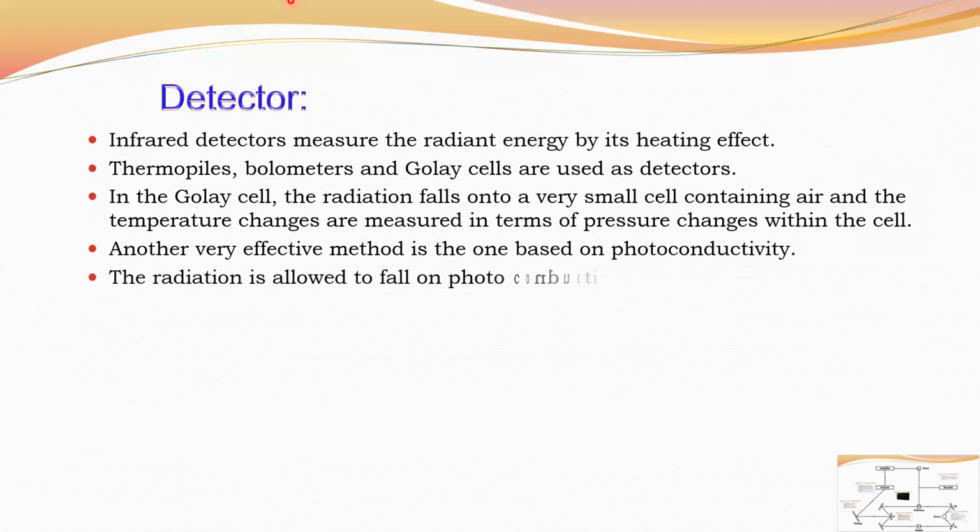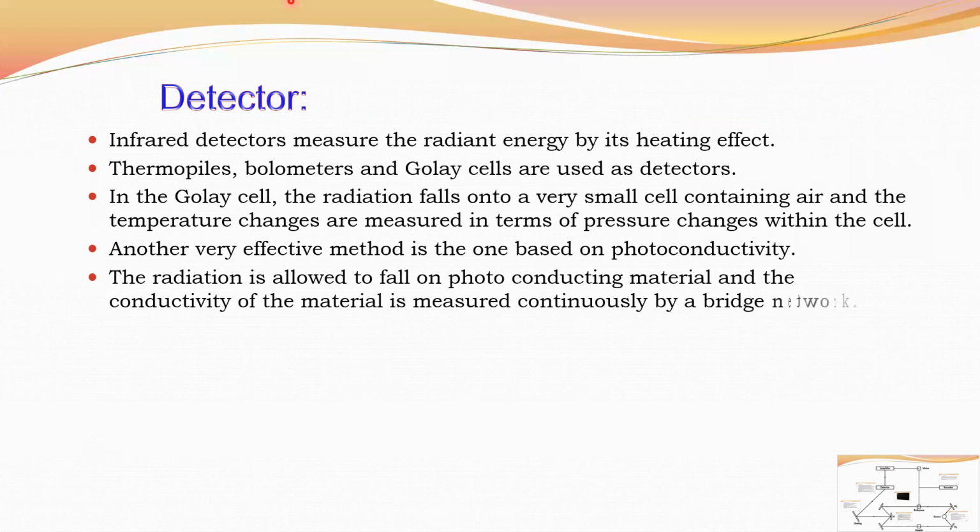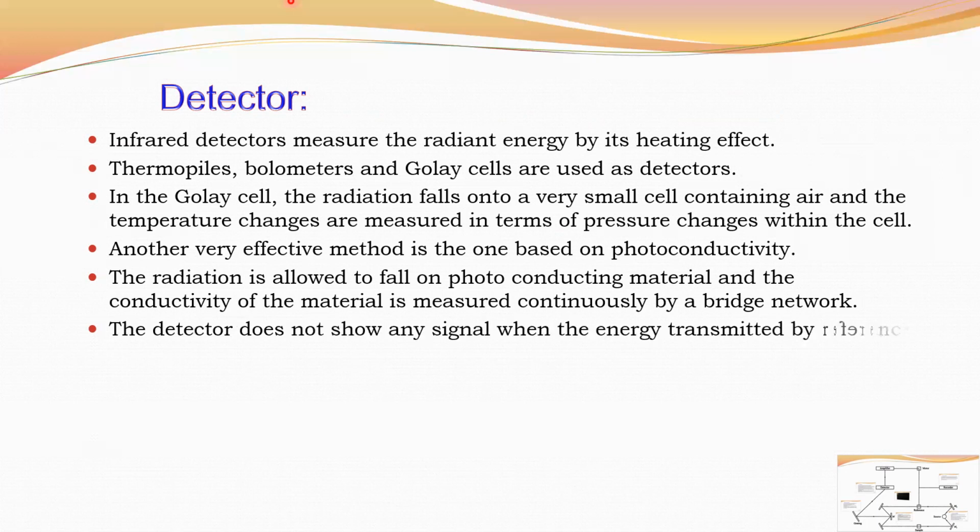The radiation is allowed to fall on photoconducting material, and the conductivity of the material is measured continuously by a bridge network. The detector does not show any signal when the energy transmitted by the reference and sample cells is equal. It is the important point.